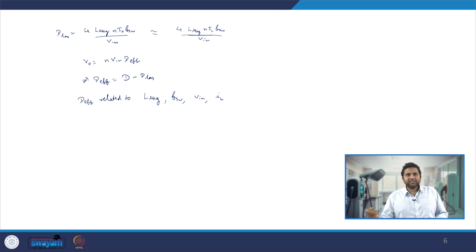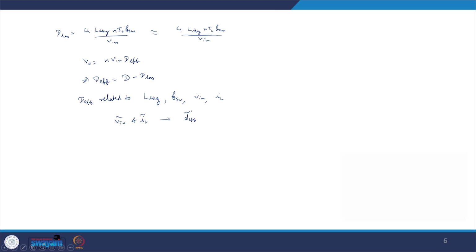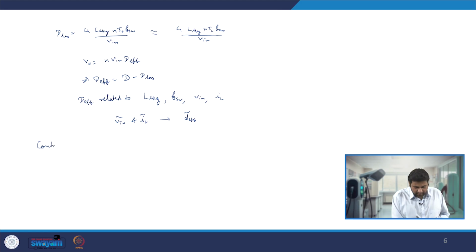Now if V in changes and there is a small change in the IL which takes place, then the D effective will also change. So in this phase shift full bridge converter, what is the control objective?